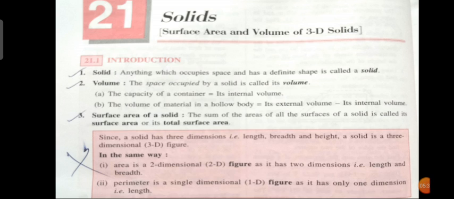So perimeter is one dimension, area is two dimension, and volume is three dimension. That's the introduction part: solid, volume, surface area and three-dimensional figures.